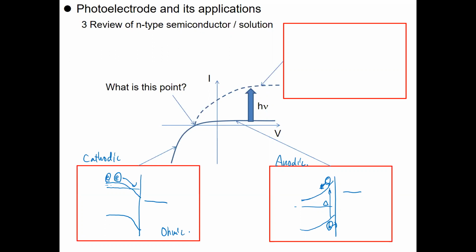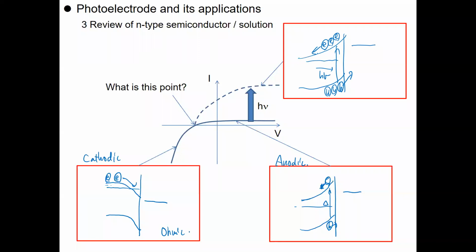On the other hand, if we apply light here, many electrons and many holes are generated, and this hole can easily go to the solution side, and then electrons move backward to the electrode.